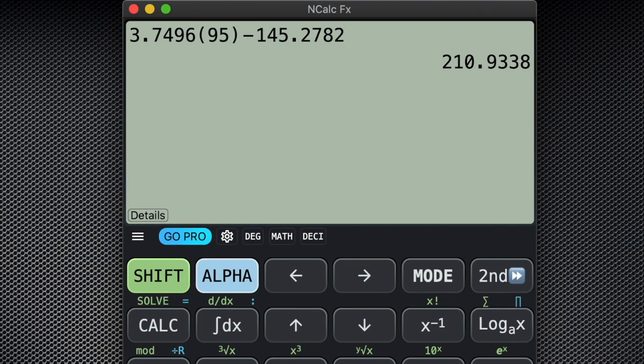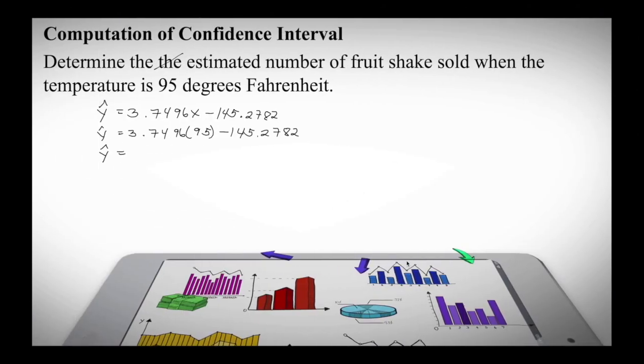That is 210.9338. So, when the temperature is 95 degrees Fahrenheit, we can expect sales for our fruit shake equivalent to 210.9338 units, or simply 211 rounded up. That is just the same.